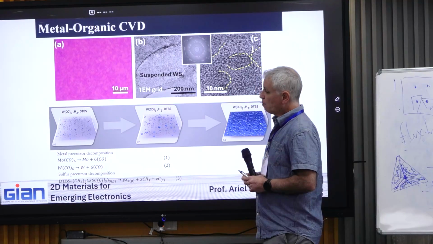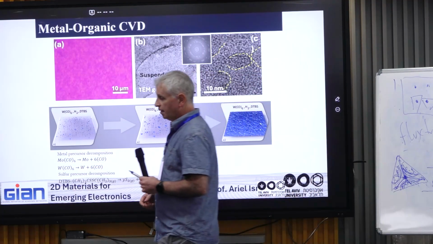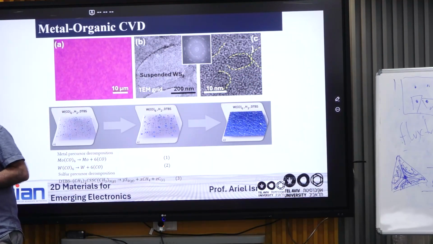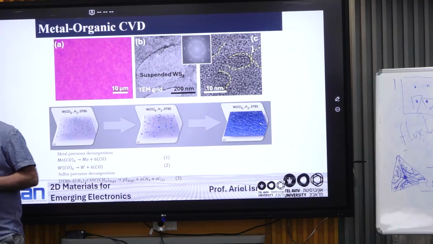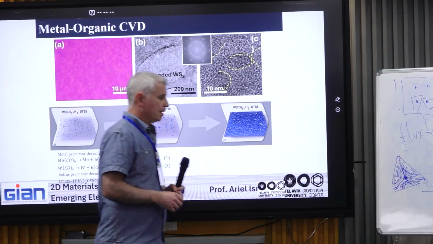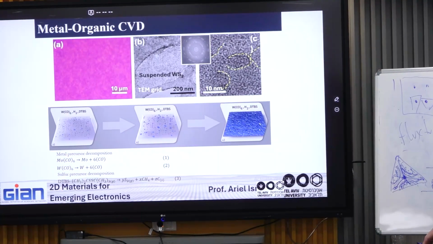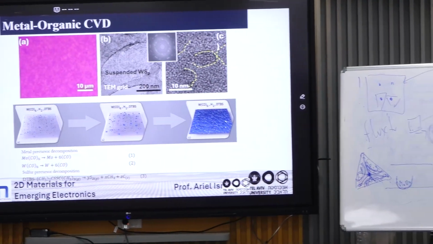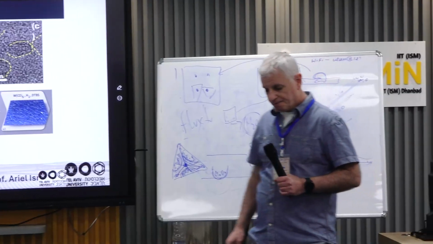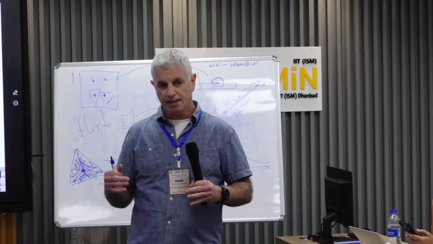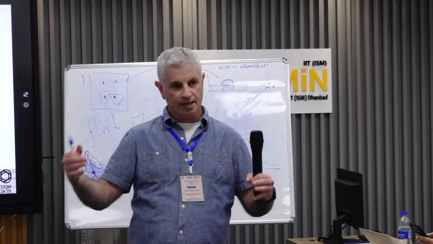And the way that we solved this issue was by a method that you can use for other crystals as well, a method that we refer to as growth and etch.